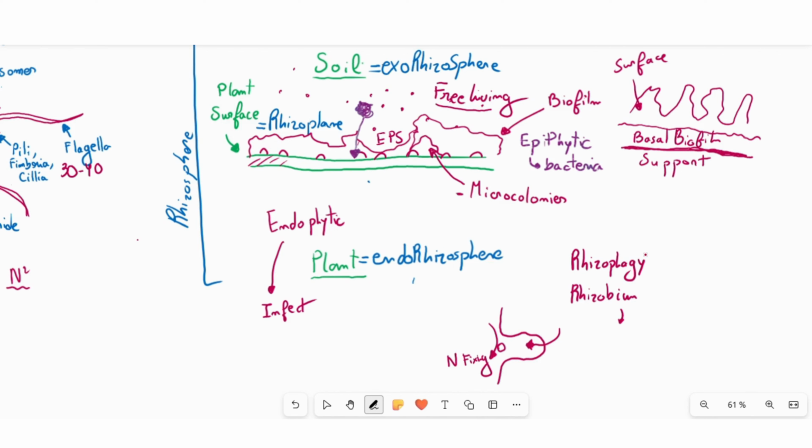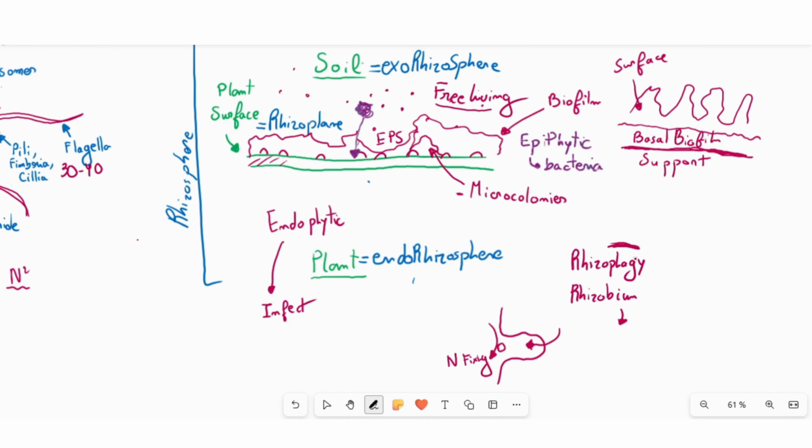Okay, but rhizophagy is when a plant phages, meaning eats, a rhizobacteria. So this one is basically induced by the bacteria, even if there is communication with the plant, and the plant does help this process.